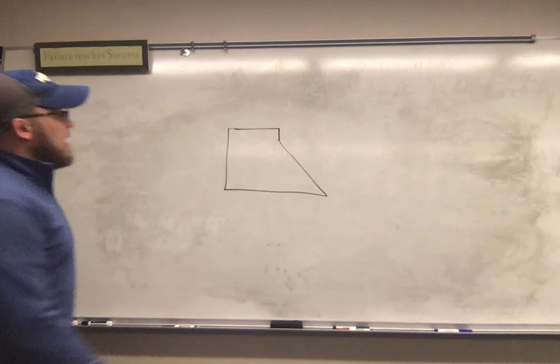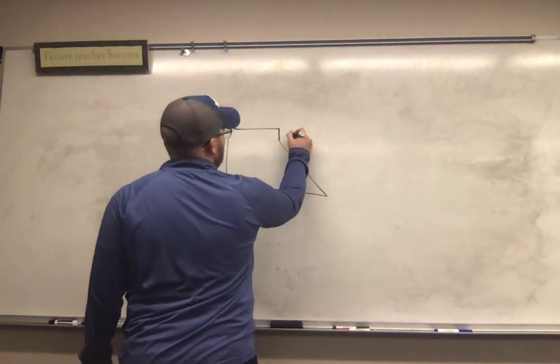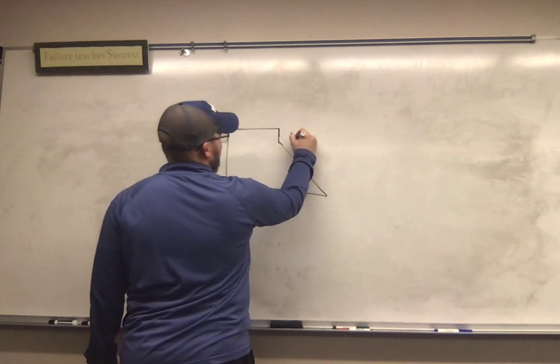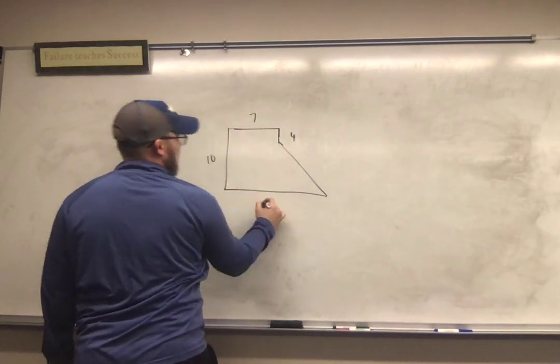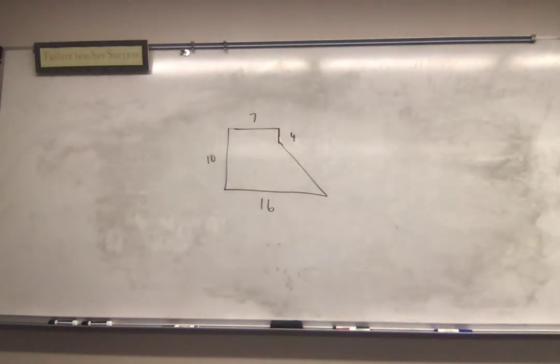Okay, that's kind of what it looks like. It says 4, 6, 10. It's probably a little skewed of a drawing, but I believe it's 4, 7, 10, 16. Yep, okay. So I'll draw that out.